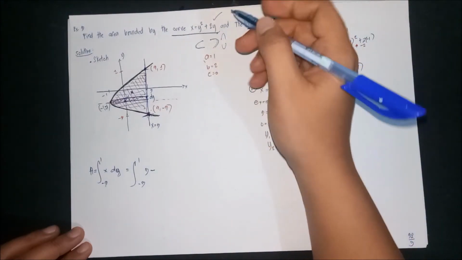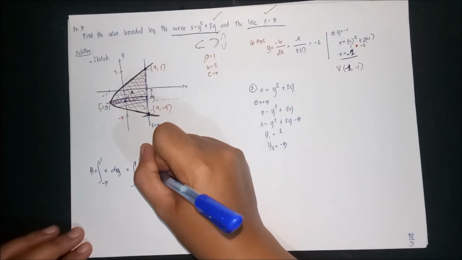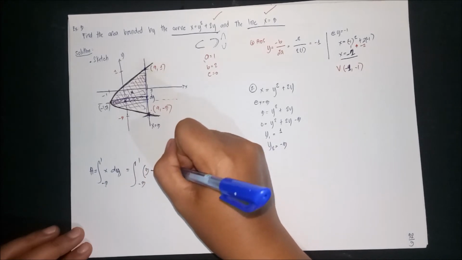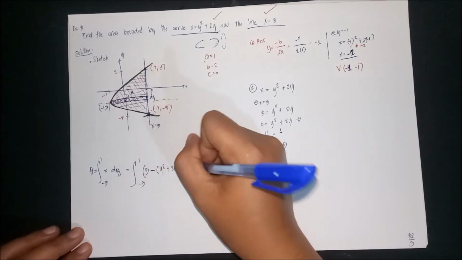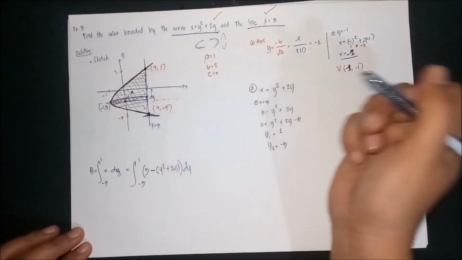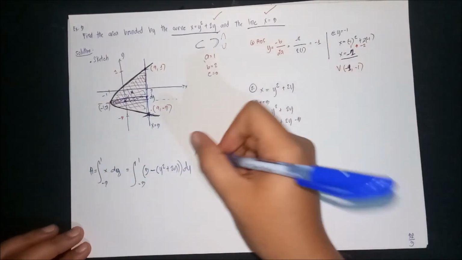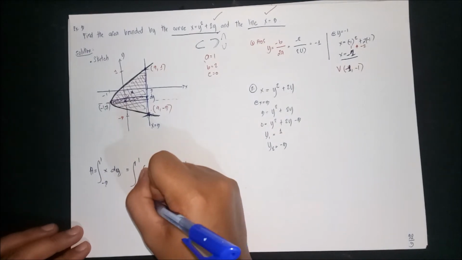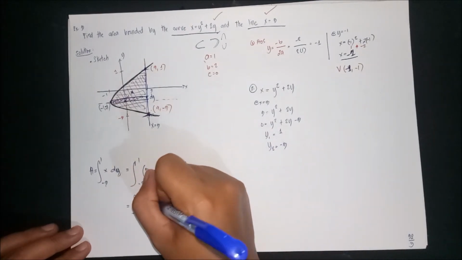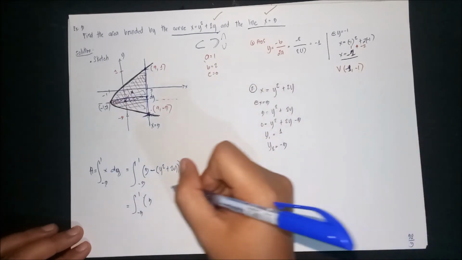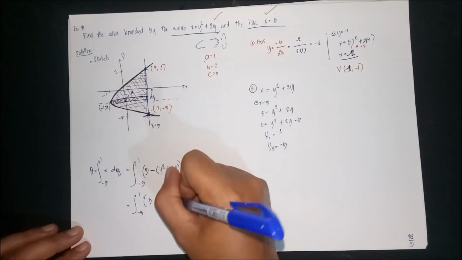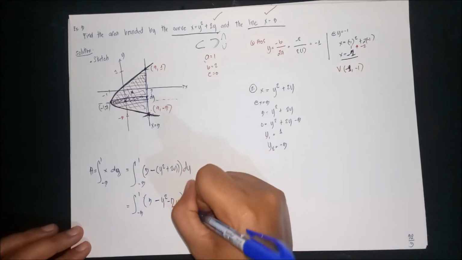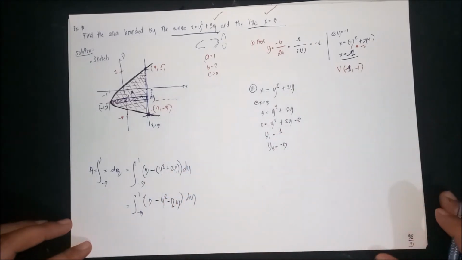So, in terms of y na siya, so walang problema. So, this is minus y squared plus 2y dy. Simplify ko lang siya. This is the integral from negative 3 to 1 ni 3 minus y squared minus 2y dy.